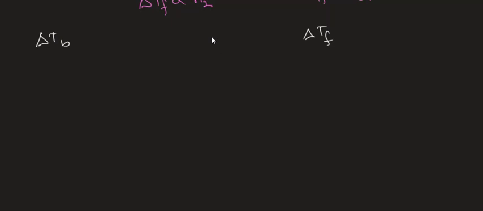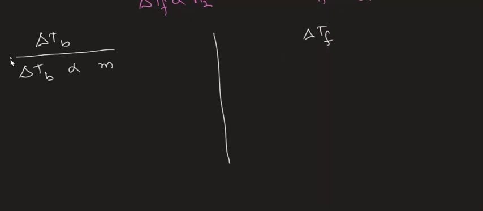Elevation of boiling point, this delta TB, is proportional to molality of the solution. Previously I told simply number of moles or weight of solute; here, more precisely, delta TB is proportional to m, molality.